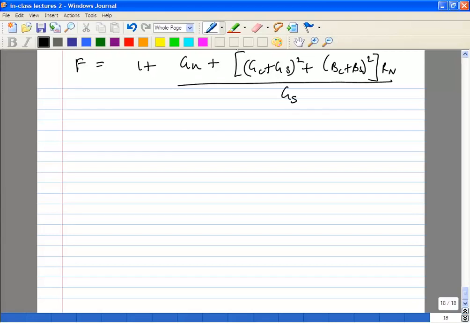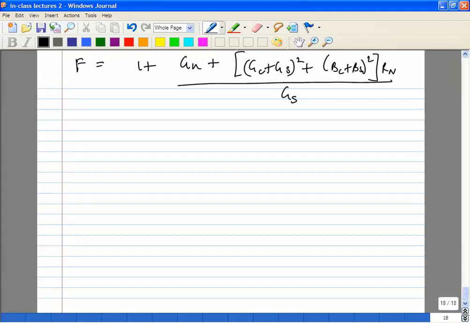Is that clear? So what you see is, any noisy two port, its noise can be characterized by 4 parameters. What are they? Gu, Gc, Bc and Rn.